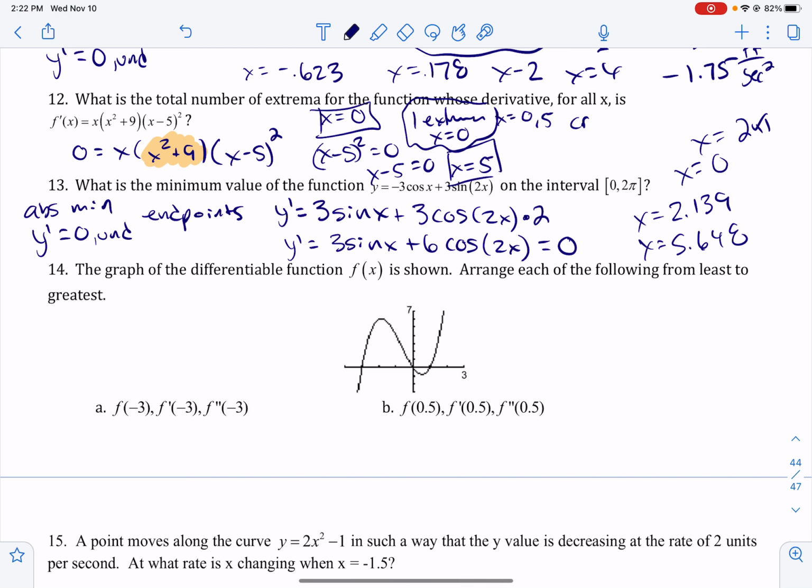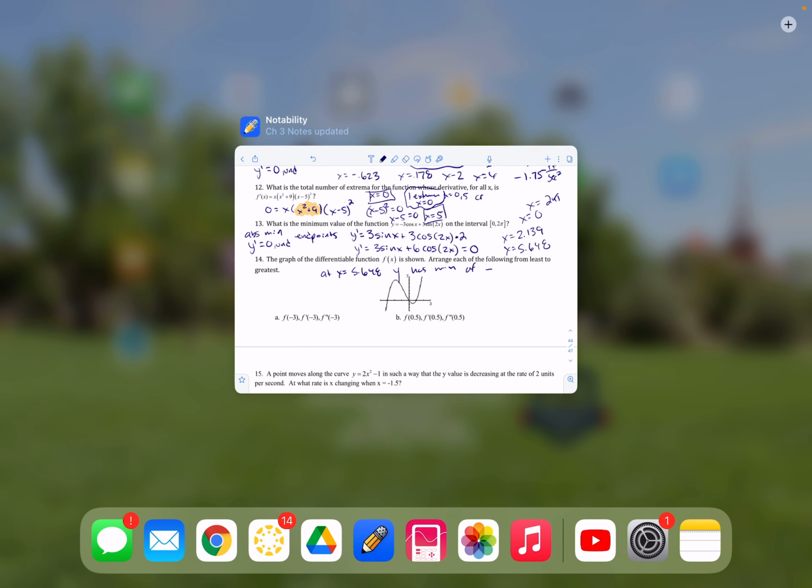So what does the question ask me? What is the minimum value? So at x equals 5.648, f of x has a minimum, or y, I guess I should say y, because my function is y. Y has a minimum of negative, and now I don't remember what it was.